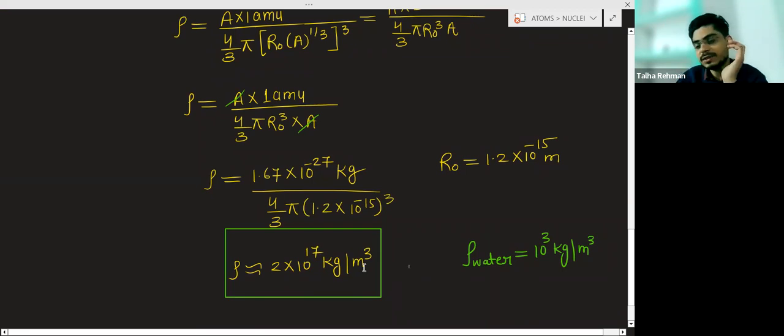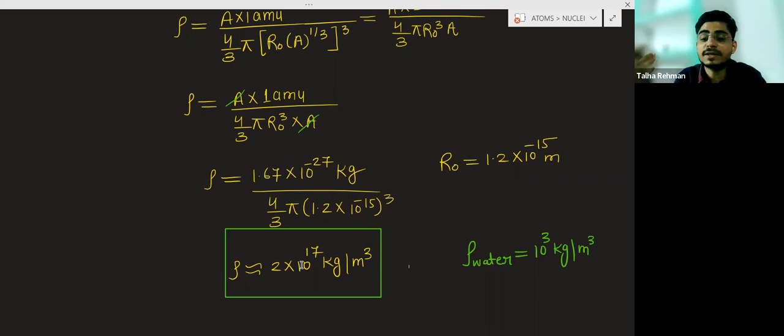If you compare this density with the density of water, the density of water is 10 to the power 3 kg per meter cube, but the density of nucleus is 2 into 10 to the power 17, which is 10 to the power 14 times greater than the density of water.